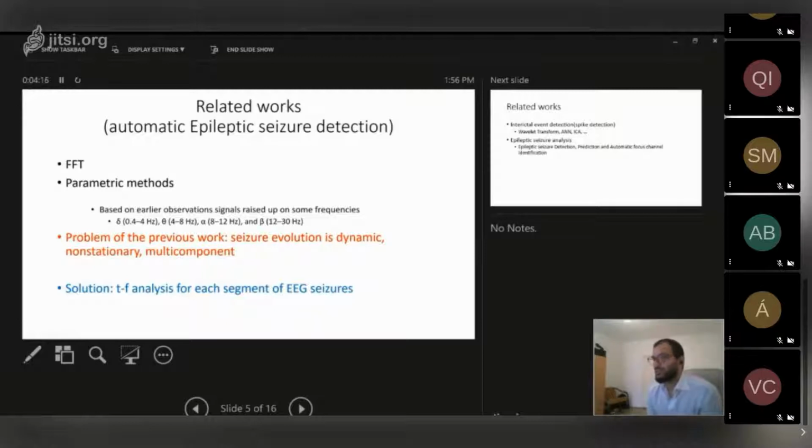But the main problem was the nature of seizure evolution, because seizure evolution is dynamic, non-stationary, and also multi-component, and they didn't consider the decomposition of the signal into some basic signals. So the solution came with TF analysis, which I'm going to tell you a little bit about.